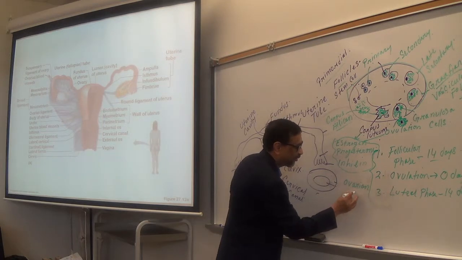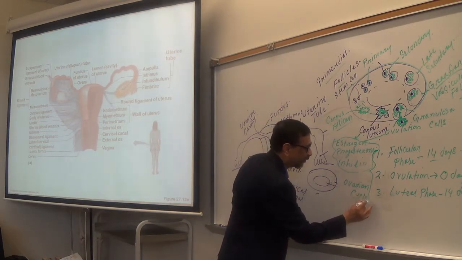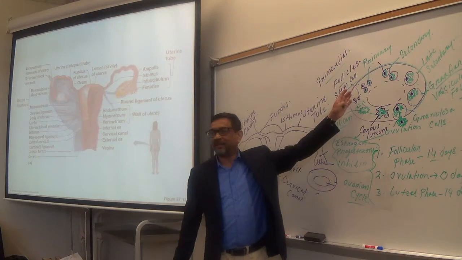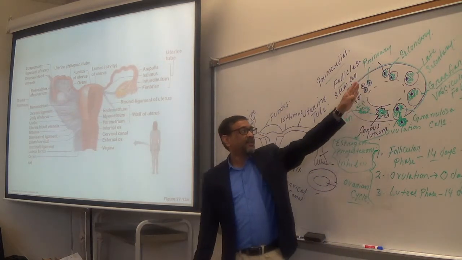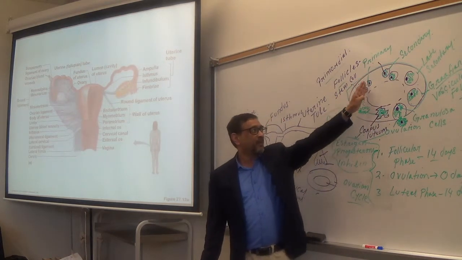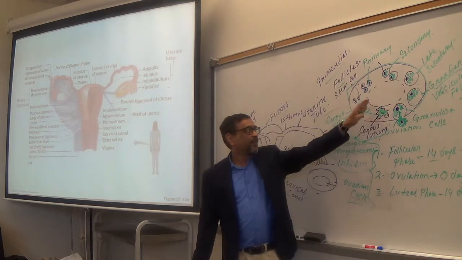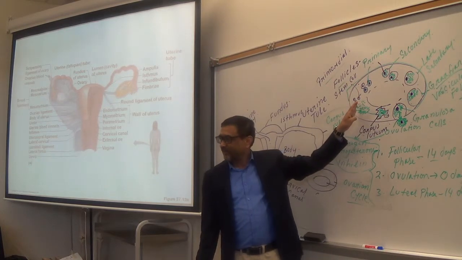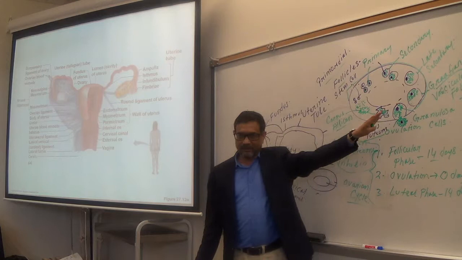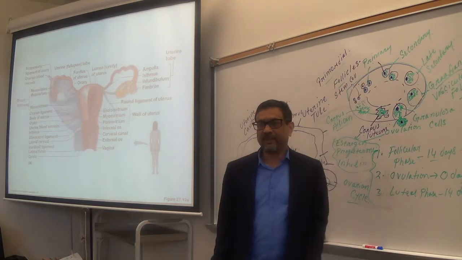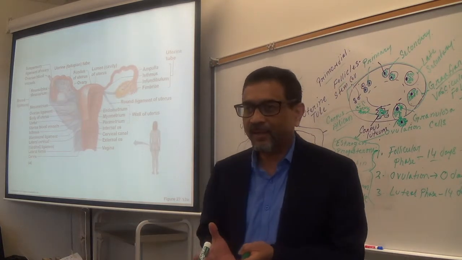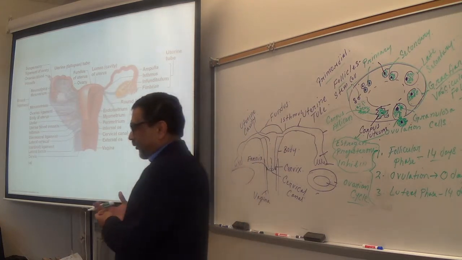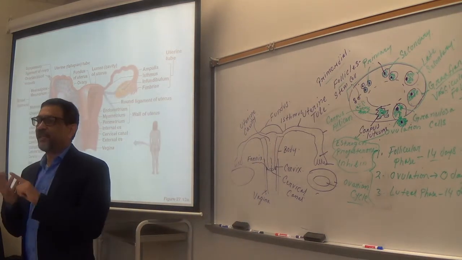So ovarian cycle is what is happening in the cortex of the ovary from the beginning to the end. Make sense? The complete, whole thing is the ovarian cycle. So how many phases? 3.